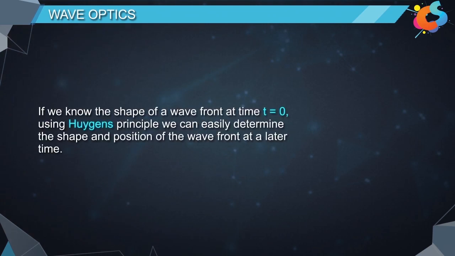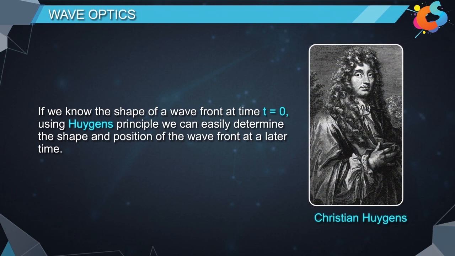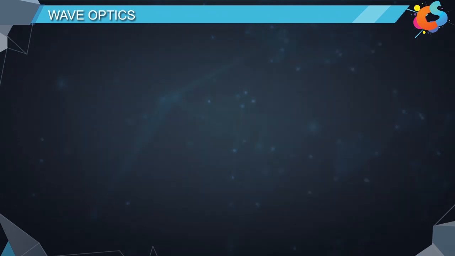Now, if we know the shape of a wavefront at time t equal to 0, using Huygens' principle, we can easily determine the shape and position of the wavefront at a later time.